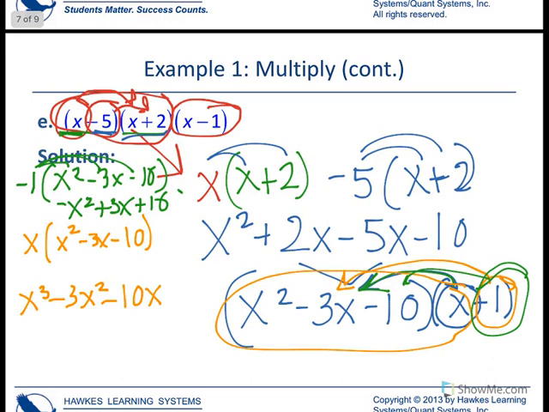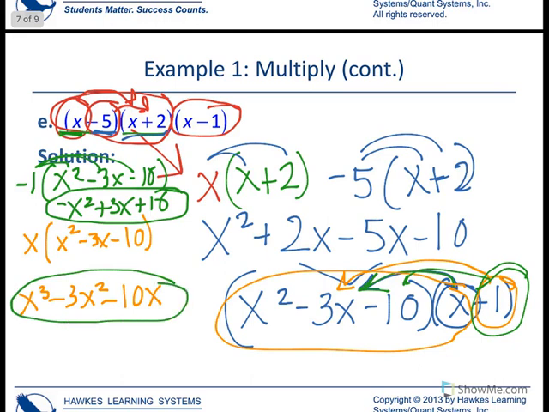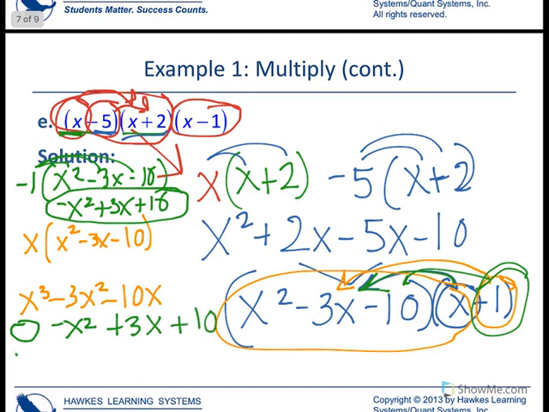So then I can take this and this and combine them together. So when I combine them together, let me erase that part. I don't have anything for the x to the third, but I do have the negative x to the second plus the 3x plus the 10.